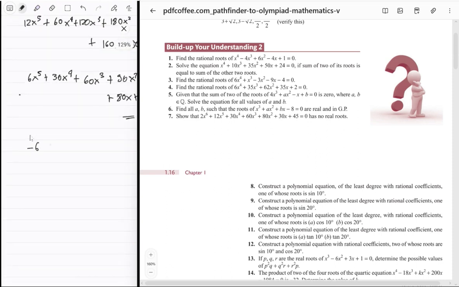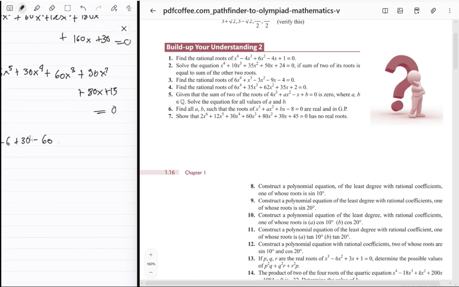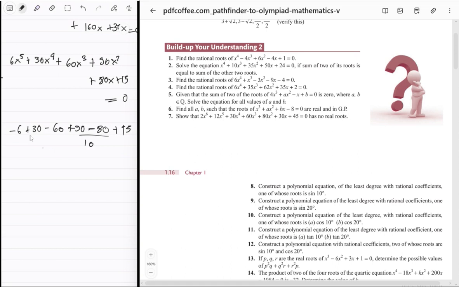So -6 plus 30, -60, and you've got -90. Oh, doesn't look good. Oh god, that was positive 19, not okay. Yeah, plus 15. Well, this thing is just 10. Okay, that doesn't help, right?